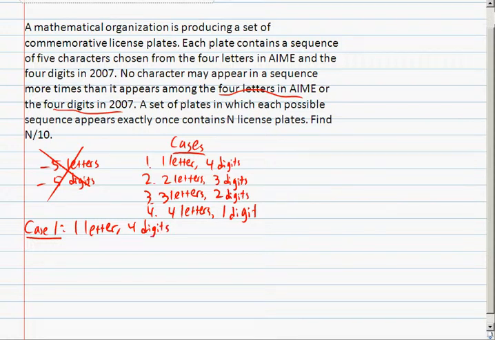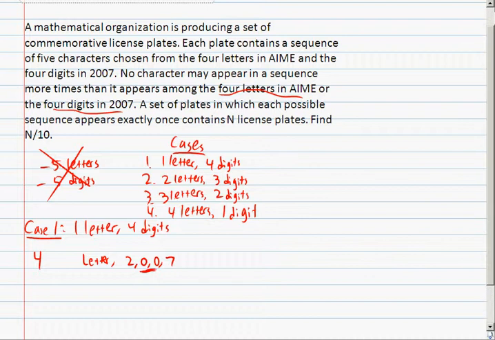So we have 4 possible letters, A, I, M, and E. So there are 4 ways that we can choose 1 letter. And seeing how we must have 4 digits in this case, we must use all 4 of the digits, 2, 0, 0, 7. So we must find the number of ways that we can permute a letter and a 2, a 0, a 0, and a 7. That makes a total of 5 objects. However, there are 2 duplicate objects.